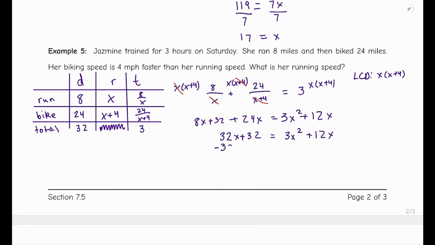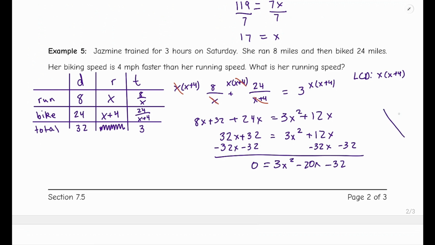And now get everything on one side. 0 equals 3x squared minus 20x minus 32. There is no GCF, so I'm going to factor this. I'm going to use the asterisk method.